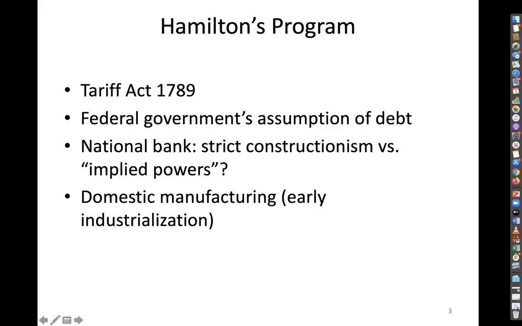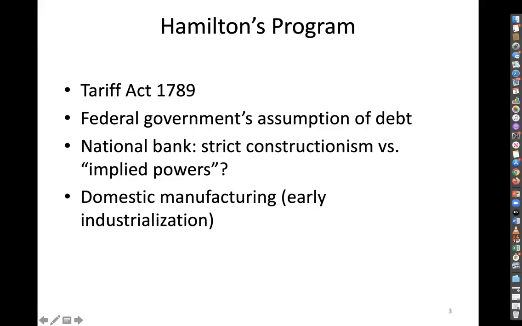That is to say, it's implied in the Constitution that the federal government has certain powers that may not be explicitly listed within the body of the Constitution itself. All right, so what Hamilton does is, of course, invoke or appeal to the Elastic Clause, so to say, the Necessary and Proper Clause, as justifying his creation of a national bank.